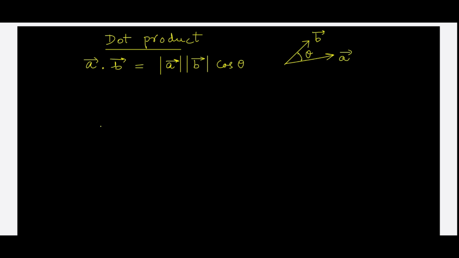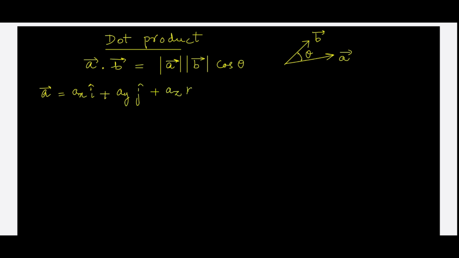Okay. So now we have 3D vectors, and we are writing our vectors as ax i cap plus ay j cap plus az k cap, right?